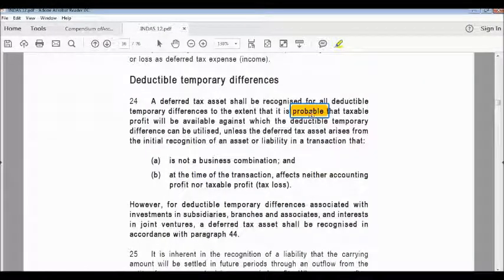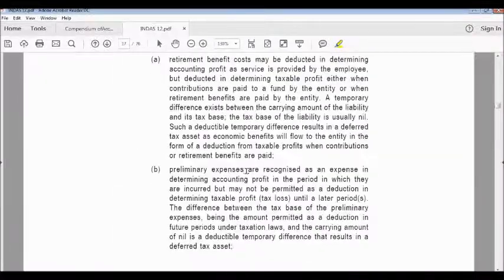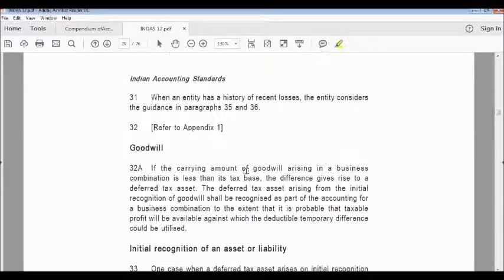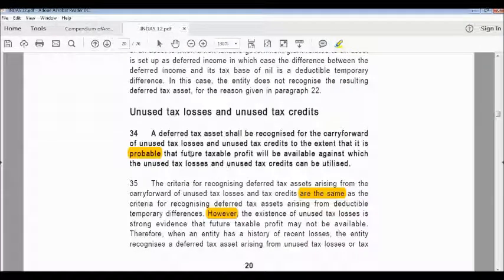And in case of a carry forward of losses, paragraph number 34 is there in Ind AS 12. It says a deferred tax asset shall be recognized for the carry forward of unused tax losses and unused tax credit to the extent that it is probable that future taxable profit will be available against which the unused tax losses and unused tax credit can be utilized.